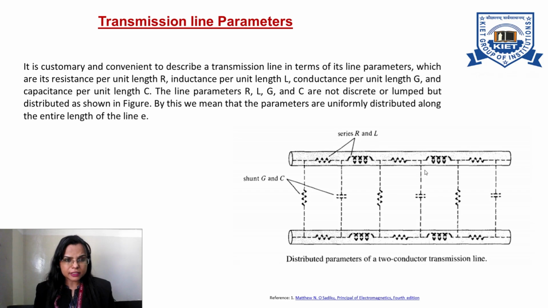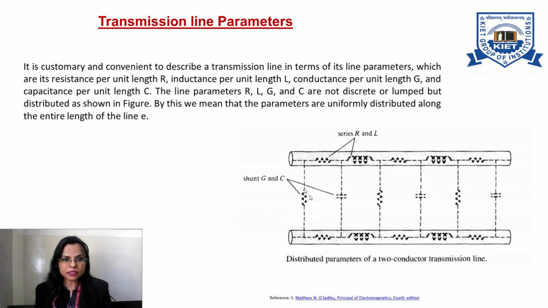So, let us study the parameters of a transmission line. It is customary and convenient to describe a transmission line in terms of its line parameters, which are its resistance per unit length R, inductance per unit length L, conductance per unit length G and capacitance per unit length C. The line parameters R, L, G and C are not discrete or lumped, but distributed as shown in this diagram.